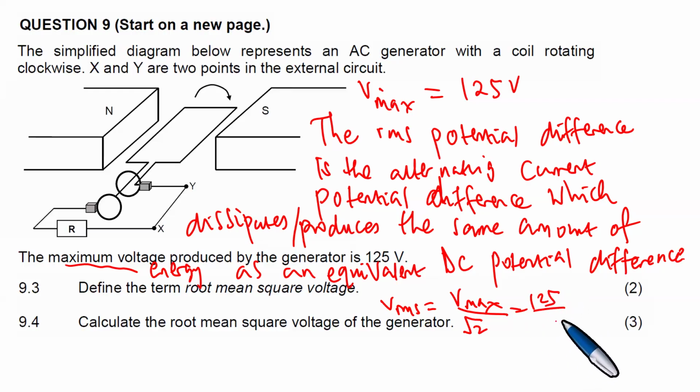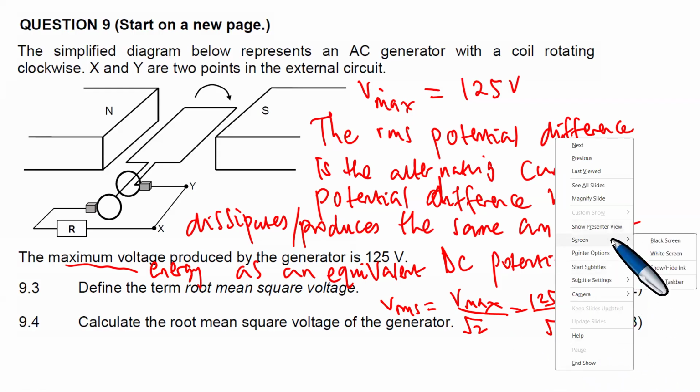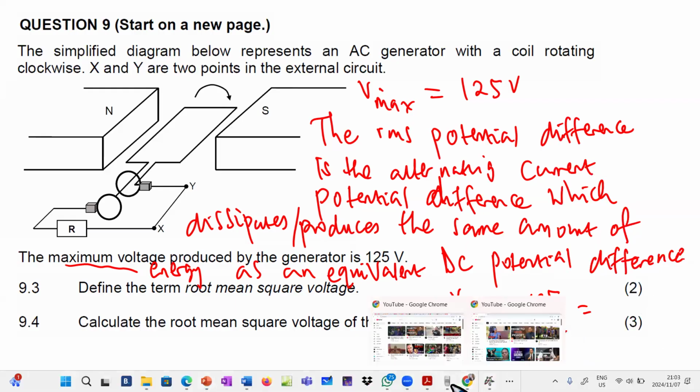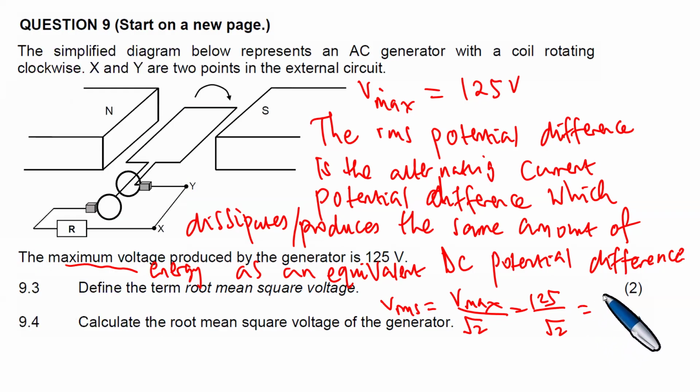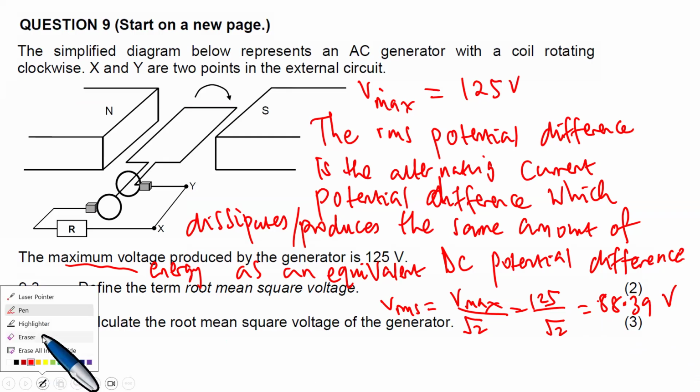That is 125 divided by the square root of 2, which is 88.39 volts.